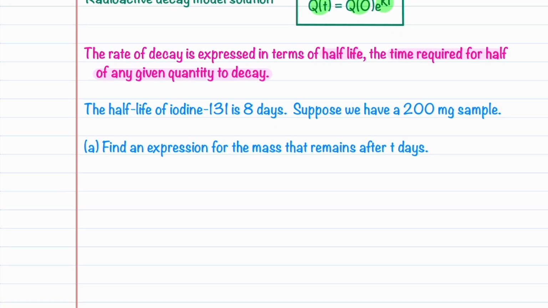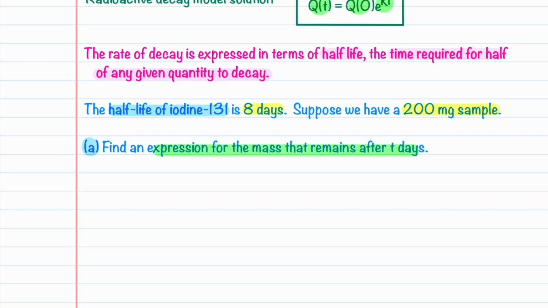Let's now look at the radioactive decay of iodine-131. We're told that the half-life of iodine-131 is 8 days, and we are to suppose that we start with a 200 milligram sample. We want to first find an expression for the mass that remains after t days.